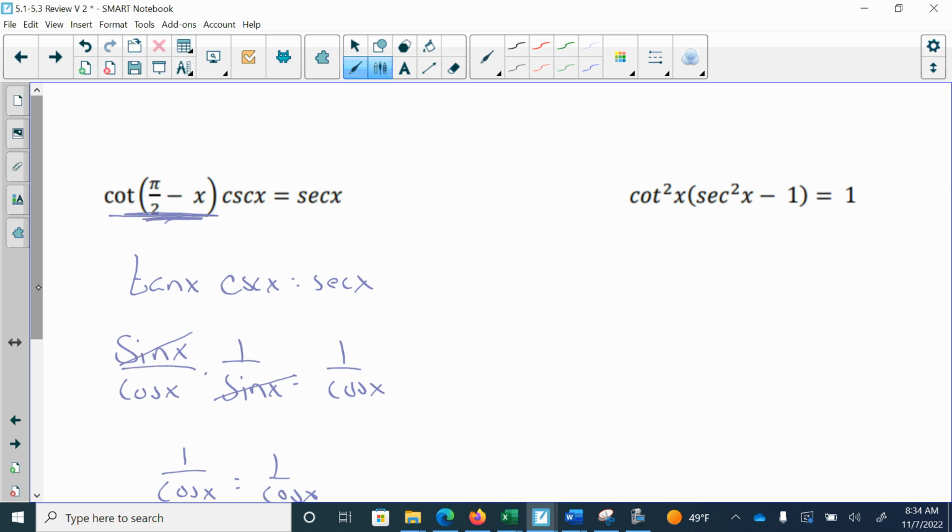Moving on to the next one, I have cotangent squared x is equal to secant squared x minus 1. Hopefully you recognize this as a version of a Pythagorean identity. And that secant squared x minus 1, that is going to be tangent squared x.